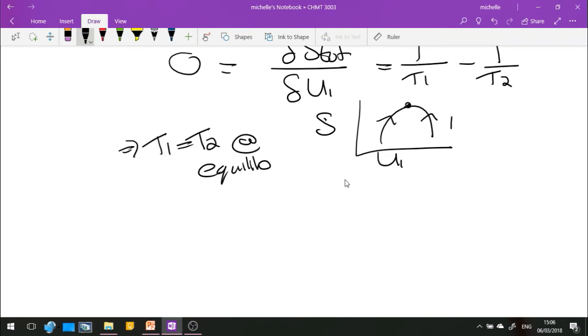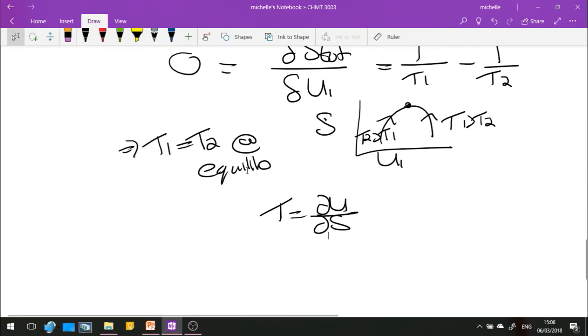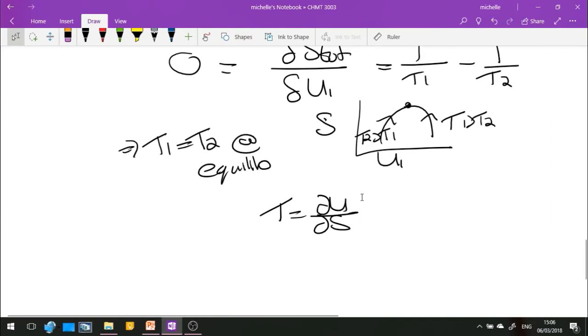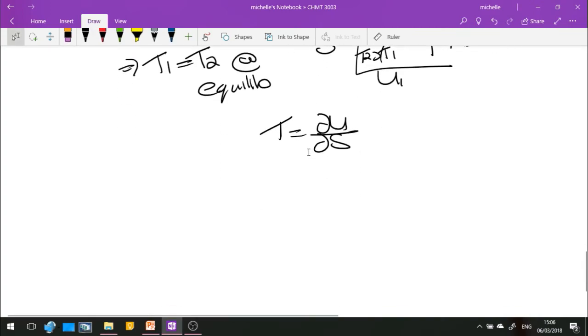And then on this side you have T1 greater than T2, and on this side you have T2 greater than T1. And then you know from the relationship that T equals dU by dS. But because dS by dU, the derivative of S with respect to U, is greater than 0, that also means that T is greater than 0, and it's positive.